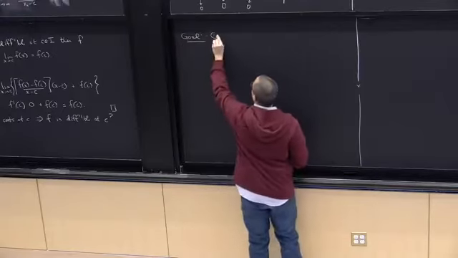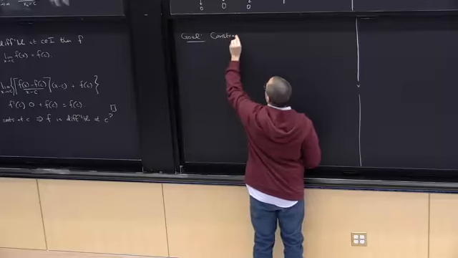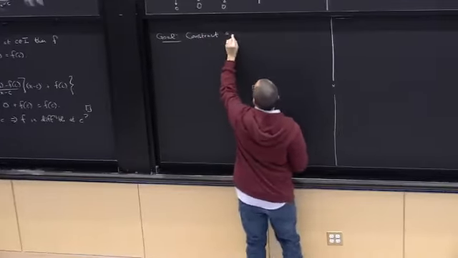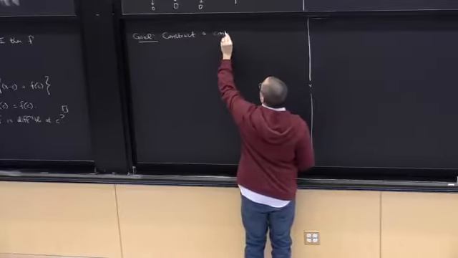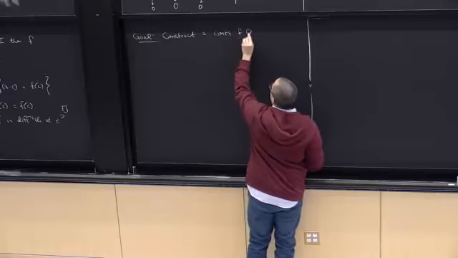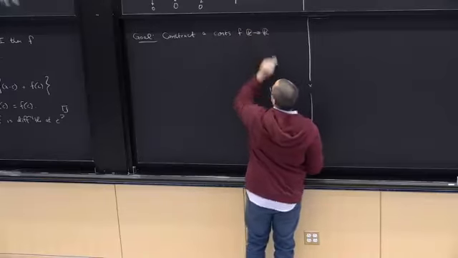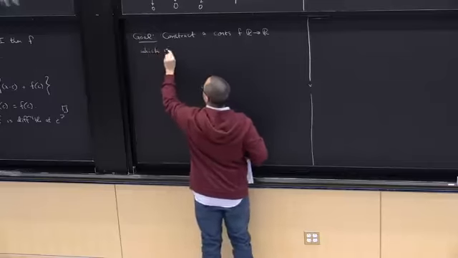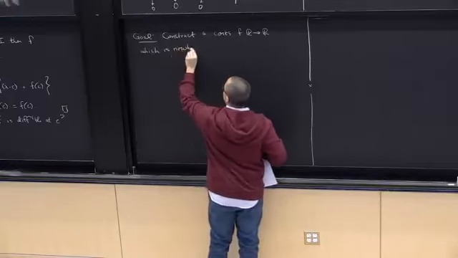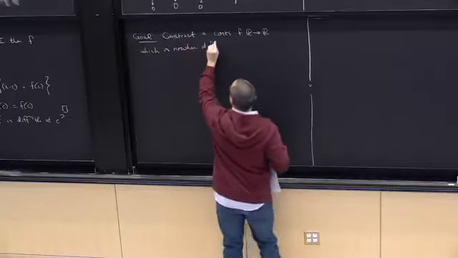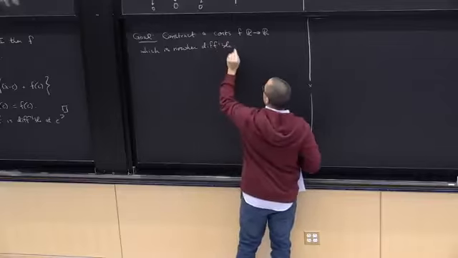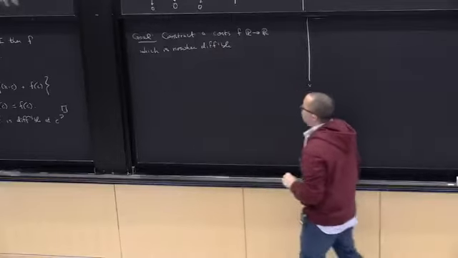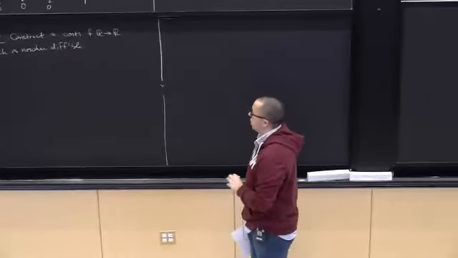We're going to construct a continuous function from R to R, which is nowhere differentiable. Okay, not differentiable, it's differentiable at no point.